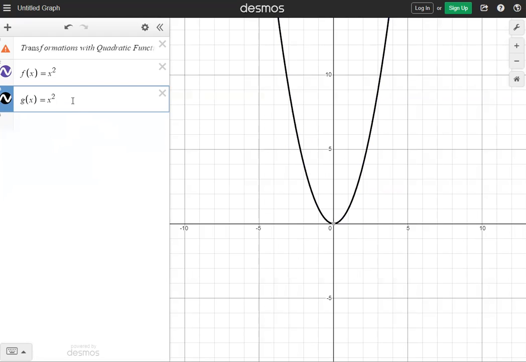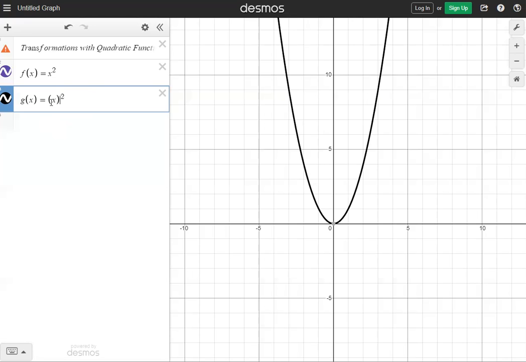Okay? So the next thing that I want to do is learn how to move a function left and how to move a function right. And the way I do that is I actually add parentheses to it. So I'm going to put parentheses around the x so that I can put numbers inside the parentheses.